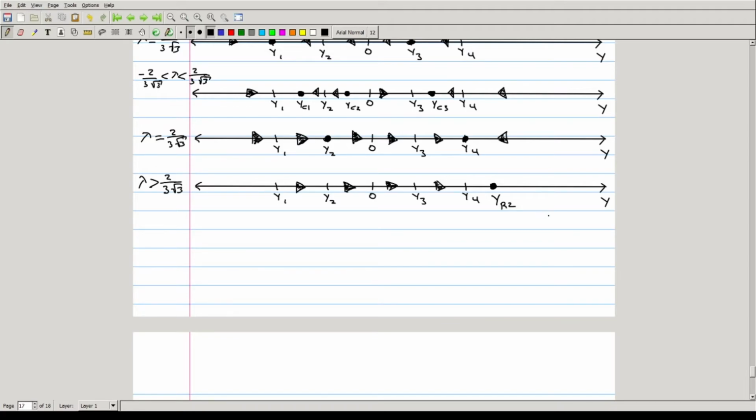And for any value of y greater than yr2, the y prime value is going to be negative. So we have, back to the initial case we started with, one equilibrium point which is asymptotically stable.